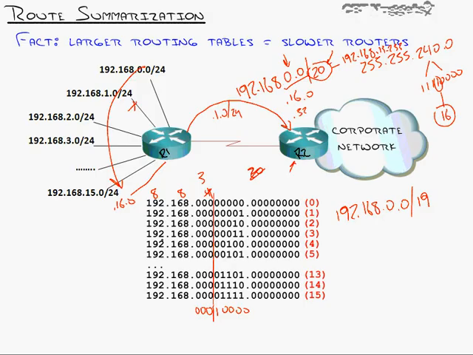But when you move that line back, you didn't just catch the 16 route. You caught 17, 10001. You caught 18, 10010. You caught 19, 10011. Because all of those have the same first 3 binary bits, and the last 5 are different. So you've encompassed a lot more networks than just 16 by doing that.